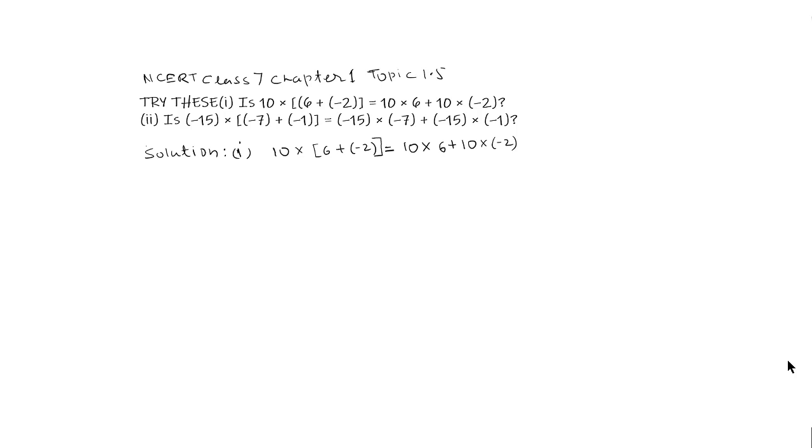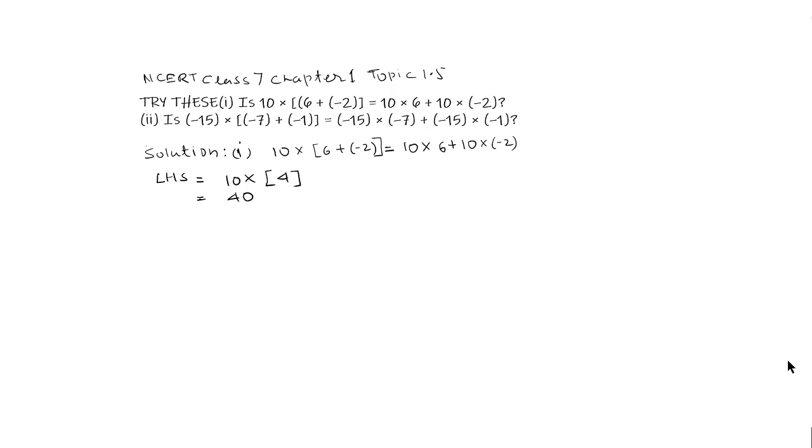We take LHS equal to 10 multiplied by, and we solve this bracket. 6 plus minus 2 is 4. This is equal to 10 multiplied by 4 is 40.